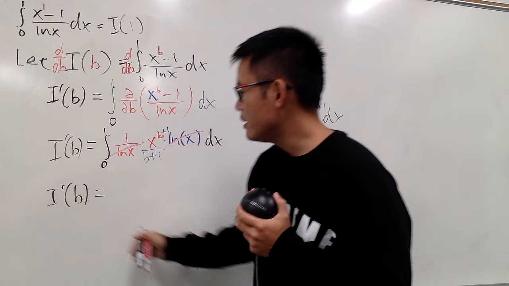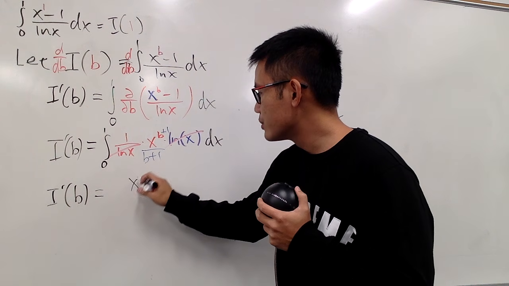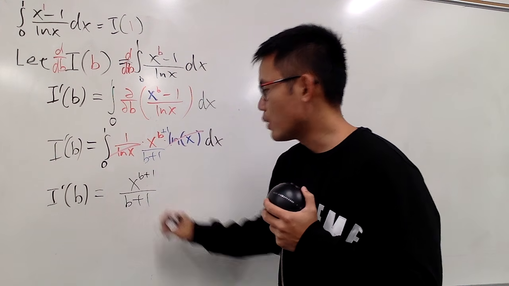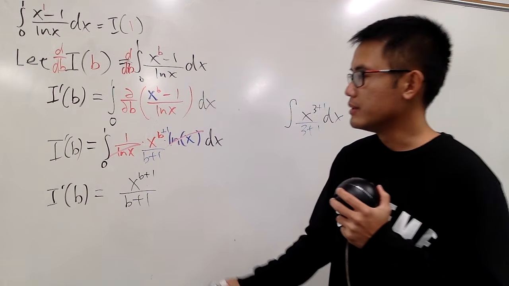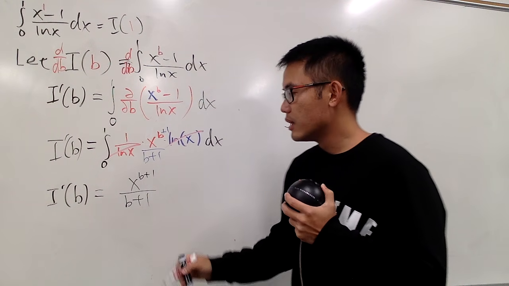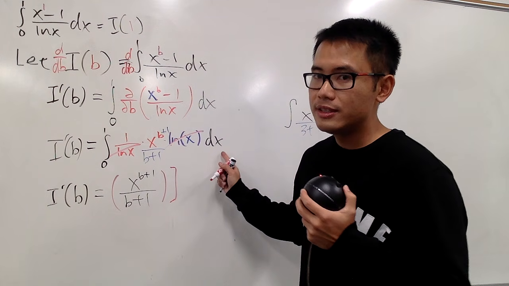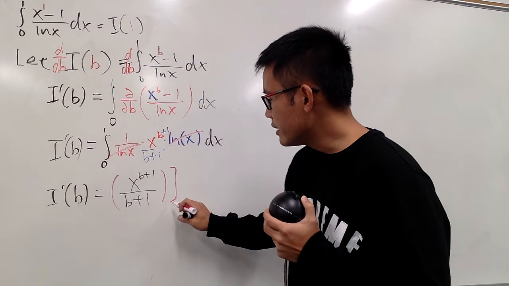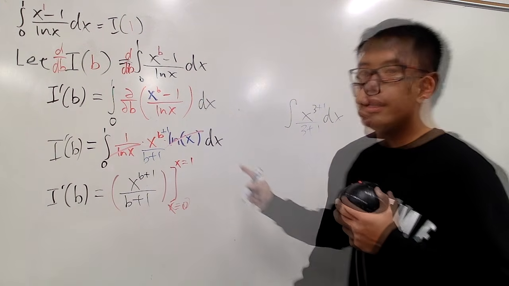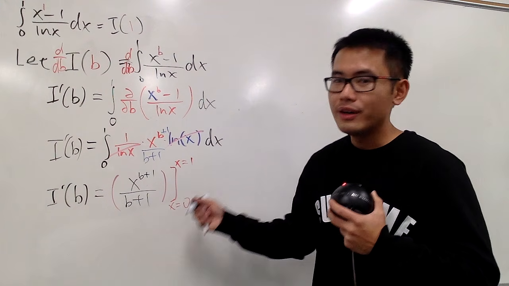Therefore, I prime of b is equal to x to the b plus 1 power over b plus 1. But, you know, we still have the lower limit and upper limit to consider. And keep in mind, we are still in the x world. These are in terms of x. X is equal to 0, x is equal to 1, all right? We plug in 1 and then plug in 0 and then subtract.